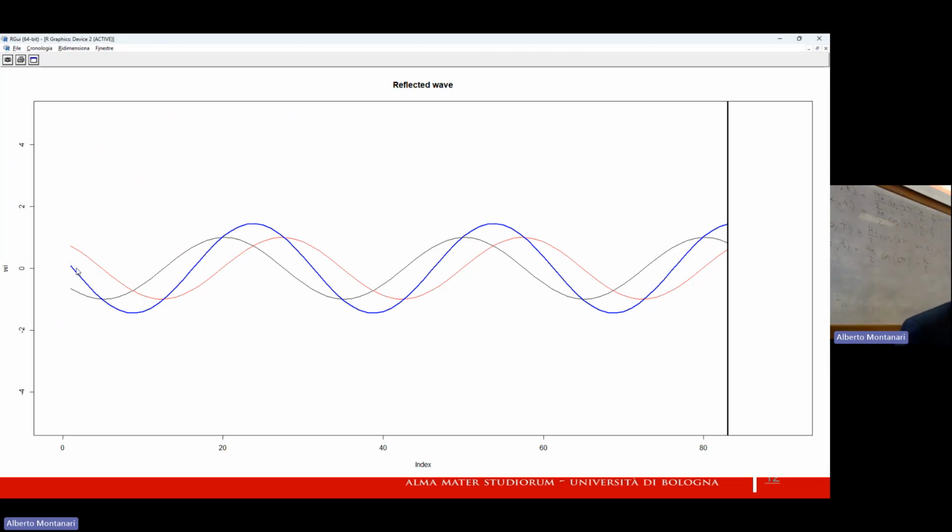I'm not sure if I was clear in my explanation, but the trick here is that the reflected wave doesn't start at the same time. So basically, the reflected wave must be computed for time t star.